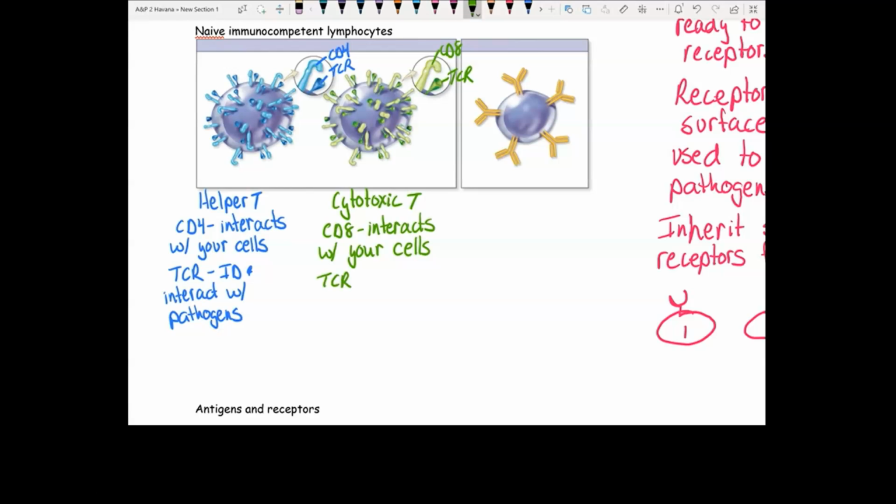And TCR, that's the one that you inherit several different kinds from your parents, is what you use to identify and interact with pathogen. Then we have the B cell. It only has one type of protein, which is the BCR. And just like TCR, it will identify and interact with the pathogen.